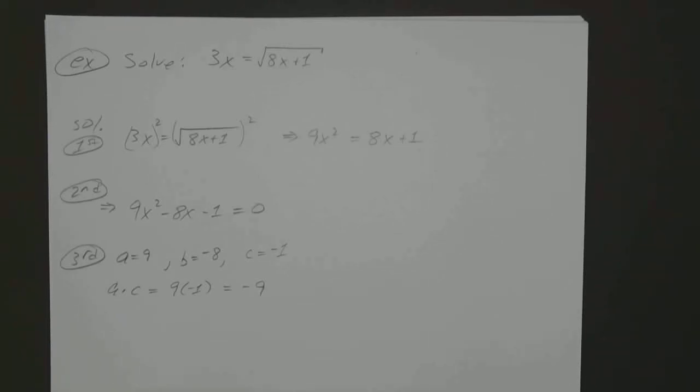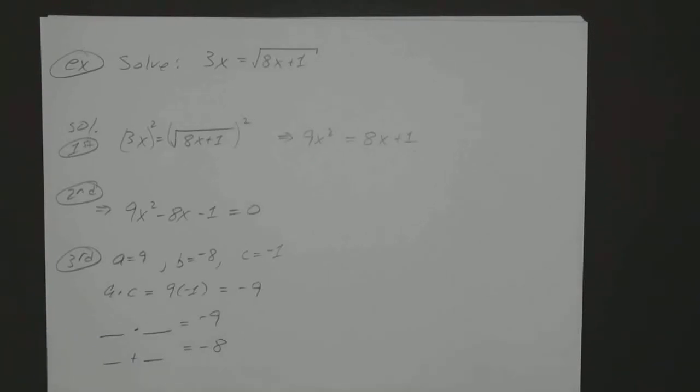Okay. So we have to find two numbers that multiply to equal negative 9, and those same two numbers add to equal negative 8. Okay. So it looks like negative 9 and 1. Works for both of them.